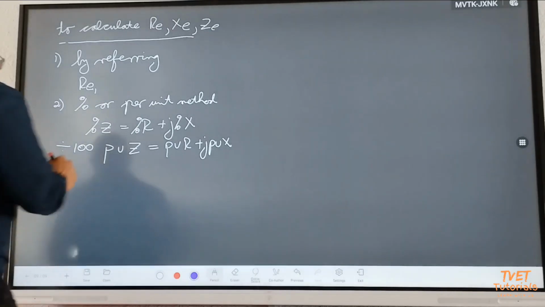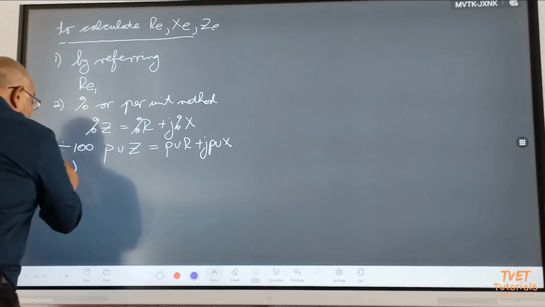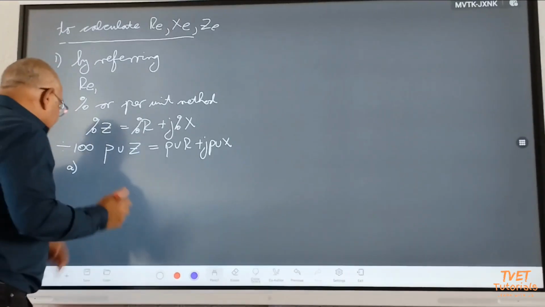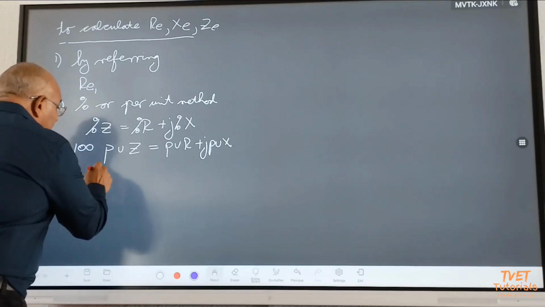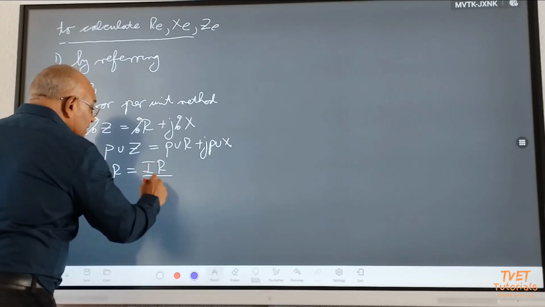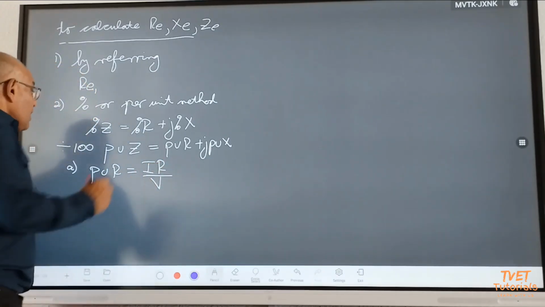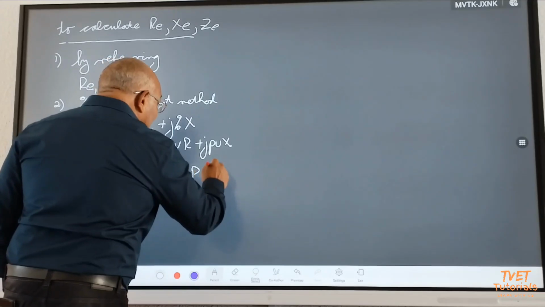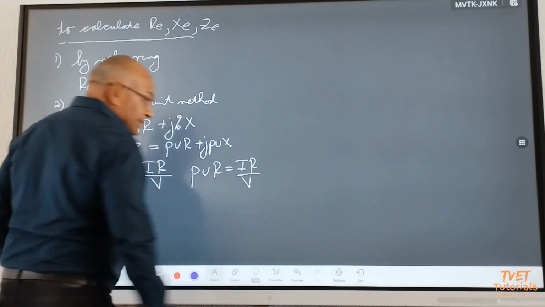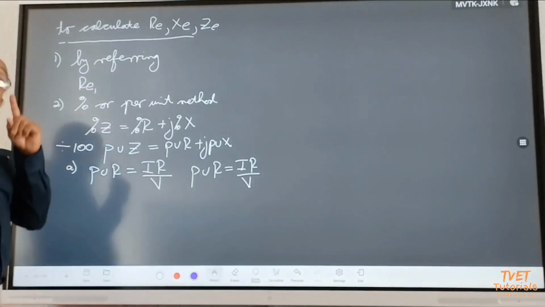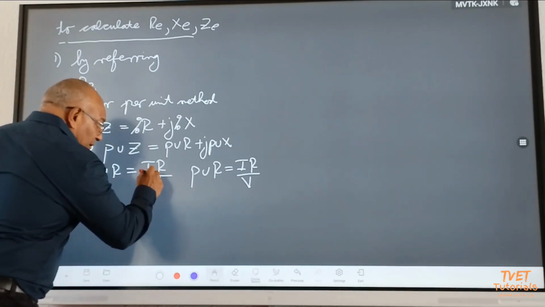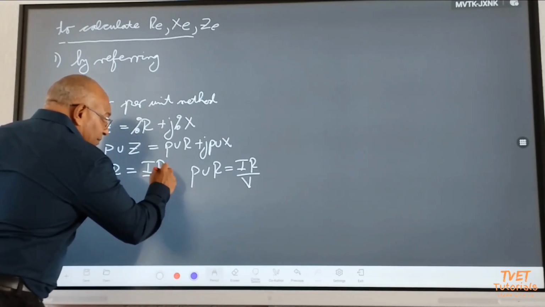There are two reasons. The first one, and the book details it like this. First reason, second reason. There's a formula that says per unit R is I times R divided by V. If you decided to refer to the primary, what does this become?